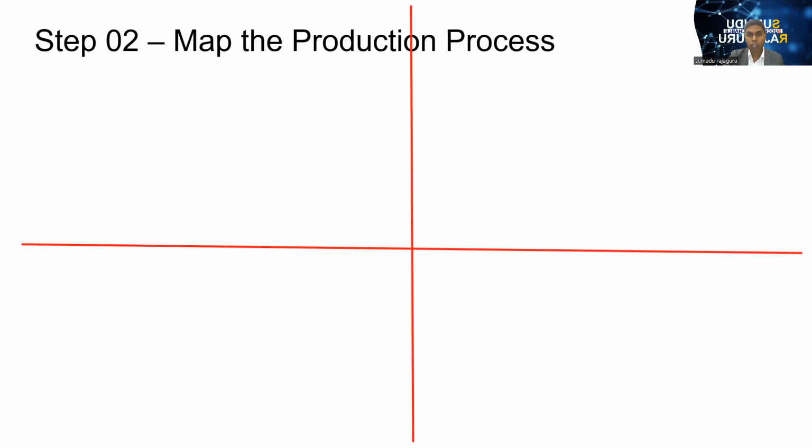In the middle, you can show our organization. In the left hand top corner, you can denote the supplier. Behind this center line, you can draw the process flow, your organization's process flow. It's like this.